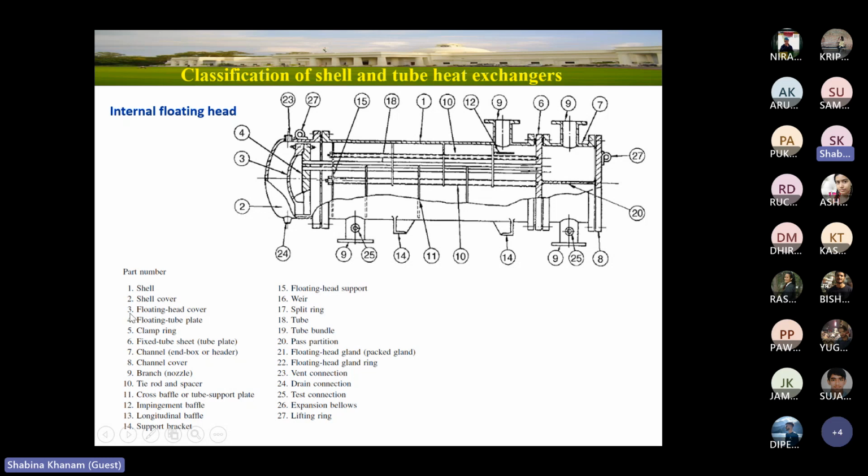If you see number 3, this is the floating head. Floating head means this one is fixed, but this complete section along with this tube sheet, the tubes and this cover can float, it can move backward and forward in this region. It means high temperature can be accommodated over here.